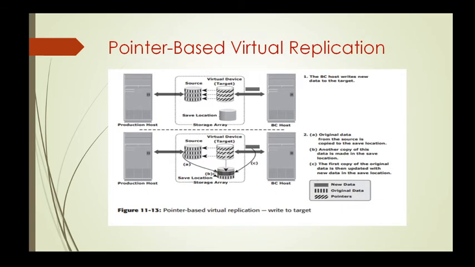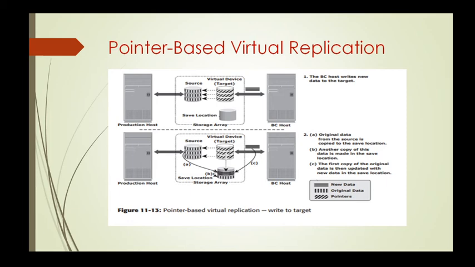Next we shall also see the write to target. In the next figure, step 1 is the BC host writes new data to the target, that is the replica. Then in step 2 there are three things happening. First, the original data from the source is copied to the save location, that is 2a. Next, another copy of this data is made in the save location.